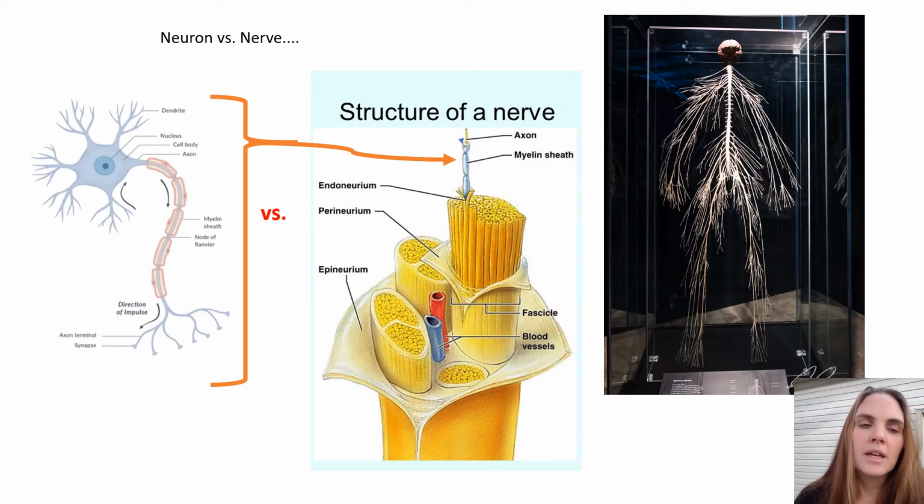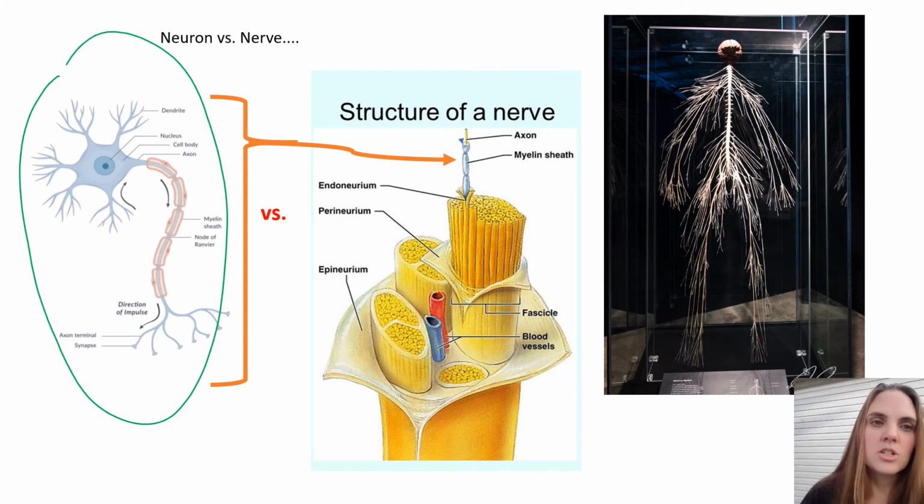Just a quick note about terminology and anatomy in this unit. A lot of times it can be easy, when we're talking about nerves or neurons in this unit, to confuse the two. So neurons are cells, right? We talked about neurons briefly when we were talking about tissues.